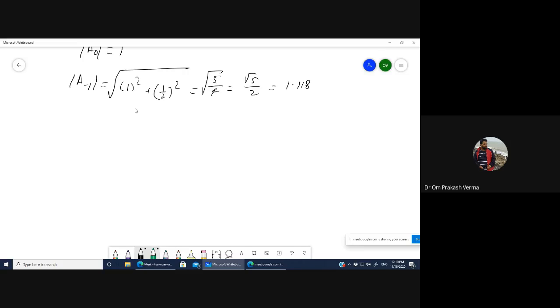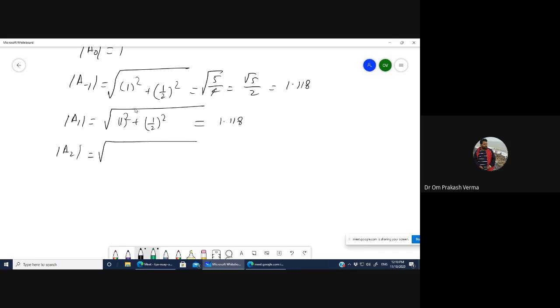In a similar way, you can calculate the magnitude of A1, which is again square root of 1 squared plus 1 by 2 squared, giving again 1.118. Similarly, you can calculate A2 and A minus 2.